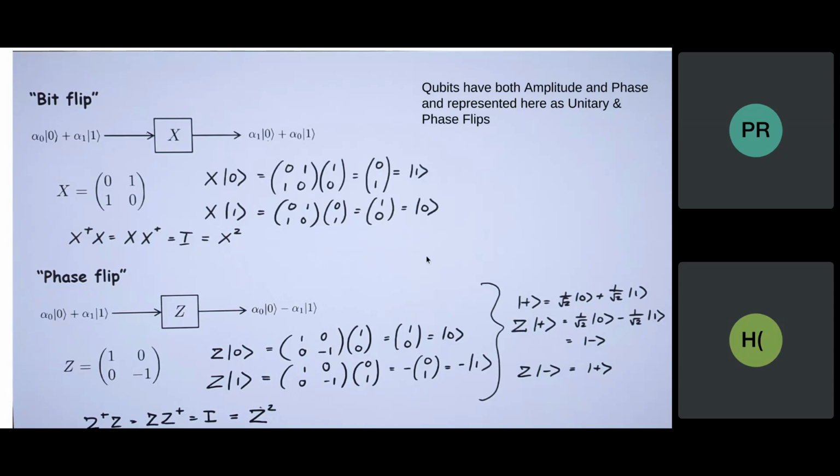So a unitary matrix we had defined as one where the complex conjugate transpose times the matrix gives the unit matrix, diagonal with 1, 1 on the diagonal, and that's what we do.